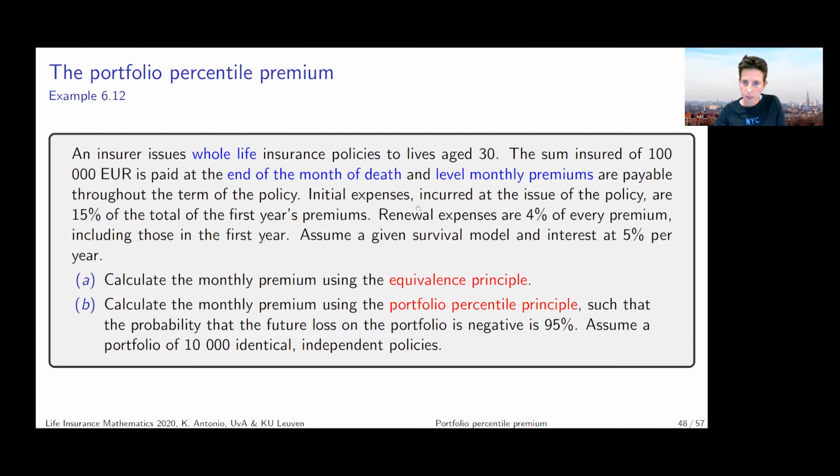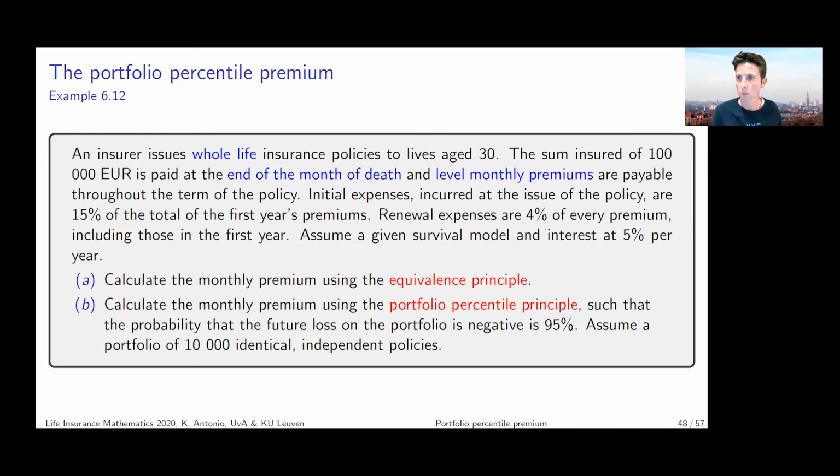We've got initial expenses incurred at the issue of the policy, which are 15% of the total of the first year's premium. Renewal expenses are 4% of every premium, including those in the first year. We have a given survival model. We've got a given interest rate. And we want to determine the premium either by the equivalence principle or using this portfolio percentile principle.